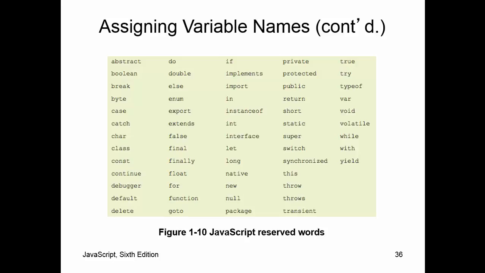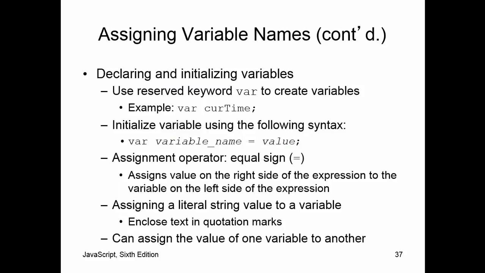This is on page 34 of your text. All right. When you do something like this, right here, that line, var cur time, that's what is called creating a variable.